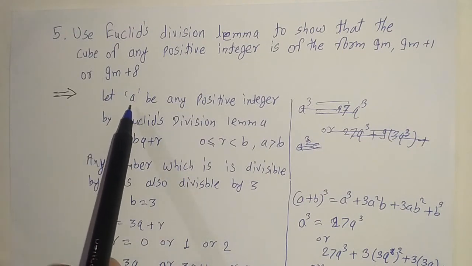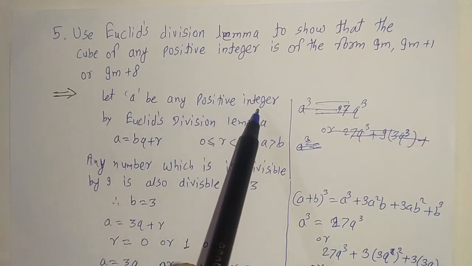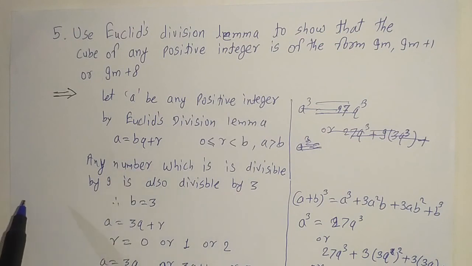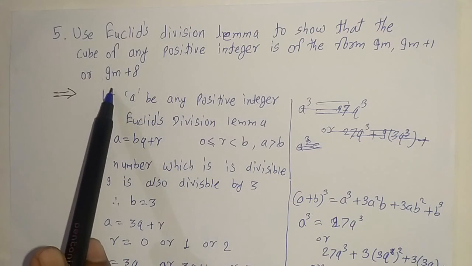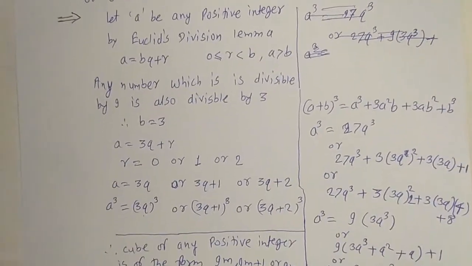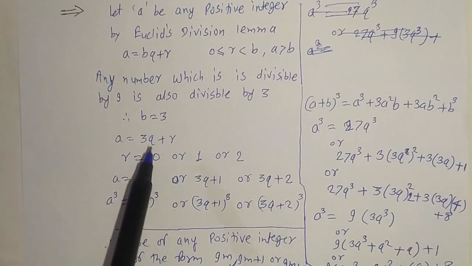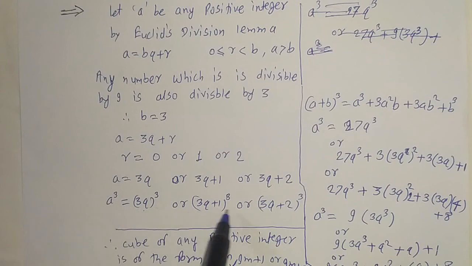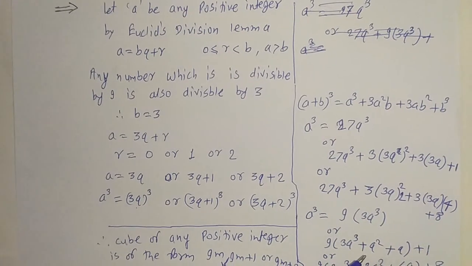So we have assumed a as any positive integer and applied Euclid's division lemma. The important step here is, instead of taking the value of b as 9, take the value of b as 3, because any number which is divisible by 9 is also divisible by 3. So solve Euclid's division lemma by considering b as 3. You get these three corresponding equations.